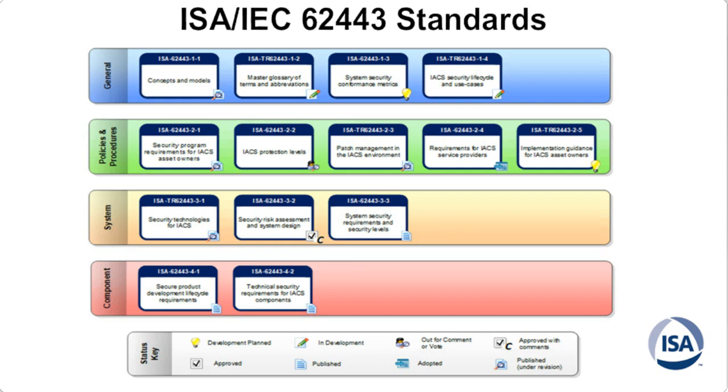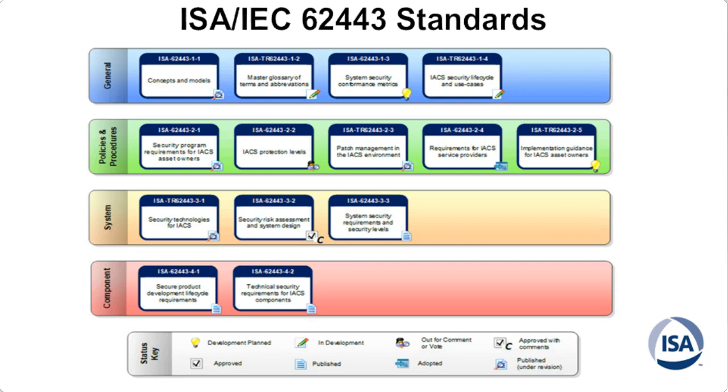So the next level down is security requirements for systems, and it gives you requirements for your target level of security. It provides a basis for doing risk assessment for your system, and it provides information on security technology for your control system.